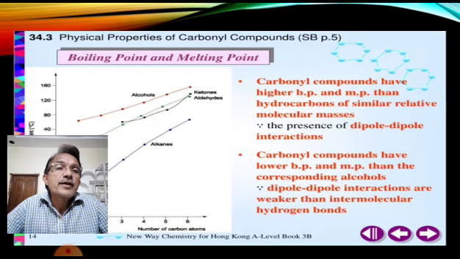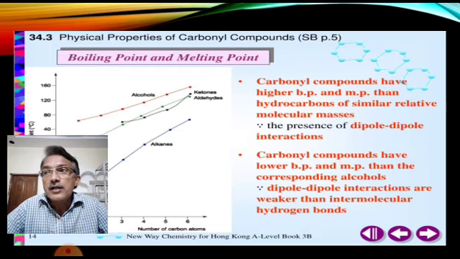So this is an important thing. Carbonyl compounds, both aldehydes and ketones, have higher melting and boiling points than corresponding hydrocarbons. Why? It is because of the presence of dipole-dipole interactions.